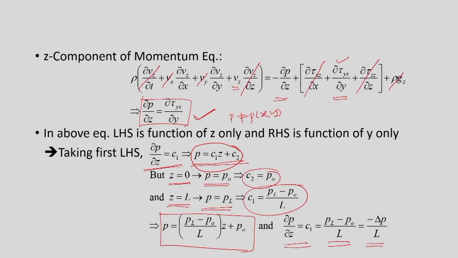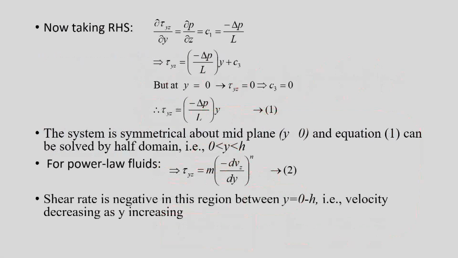So now ∂p/∂z equals C1, that is equal to minus ΔP by L. If you substitute here in this equation, you get ∂/∂y of τ_yz equals minus ΔP by L. Now if you integrate this equation, you get τ_yz equals minus ΔP by L multiplied by y plus C3.